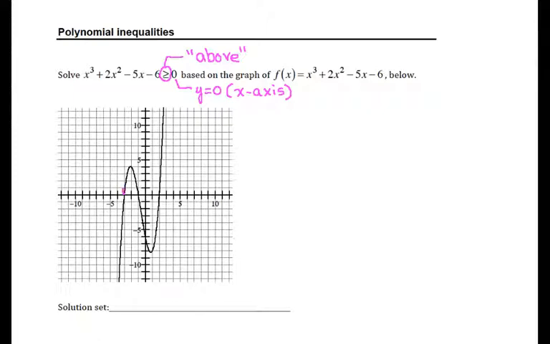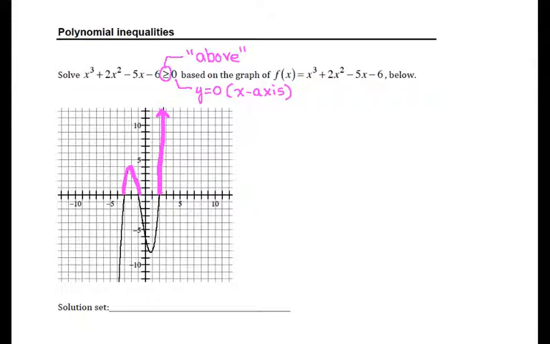That would be this portion and this portion. Now this is a polynomial graph, so even though there aren't arrows drawn on it, I know that it does keep going off to infinity here in the right direction. So I'll go ahead and put an arrow on my highlighted portion of the graph.